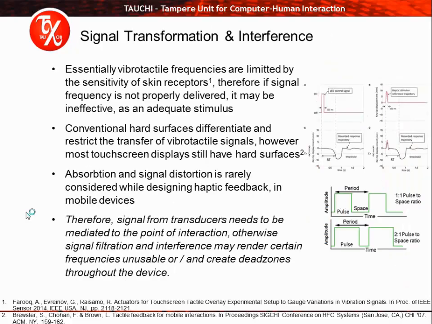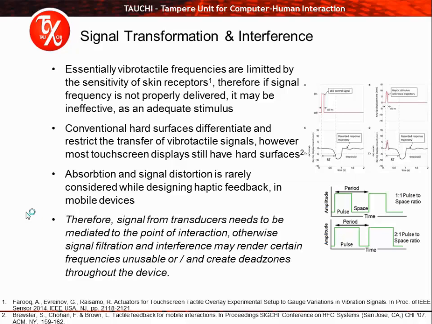So like I said, essentially vibrotactile frequencies are limited by what our skin can feel. Therefore, if the signal frequency is not properly mediated, the effect is not adequate for the stimuli. Conventional hard surfaces also differentiate the vibrotactile feedback, so they're not very effective in transmission of the signal.